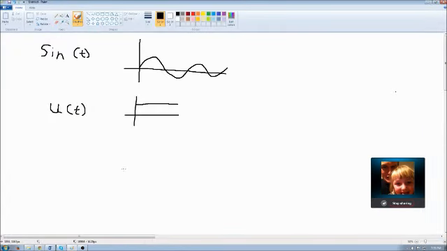So, unit function, it's a constant function. We also have delta t, which is our discrete signal. I can't accurately draw what this is because delta t is actually just a point right here.